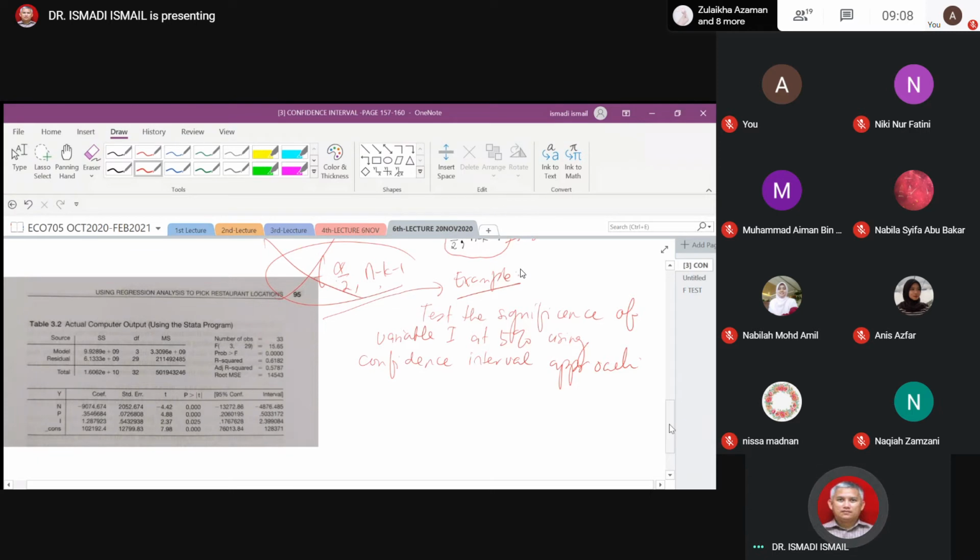Before we start, I write back the estimated regression equation.